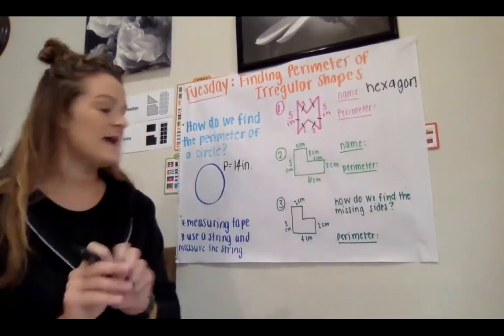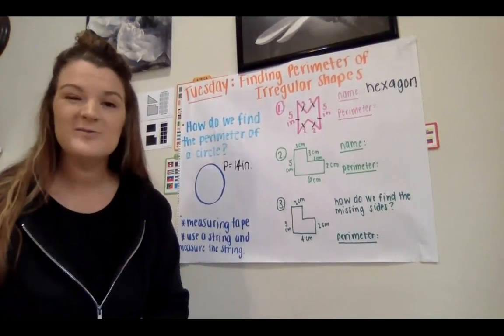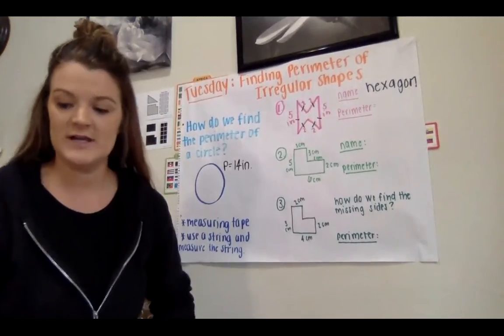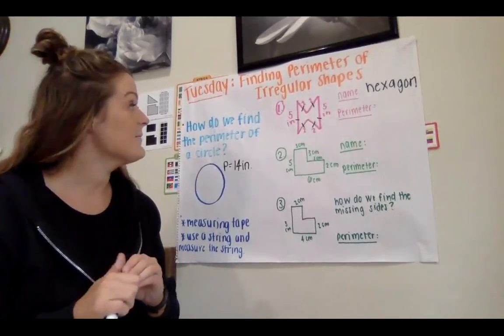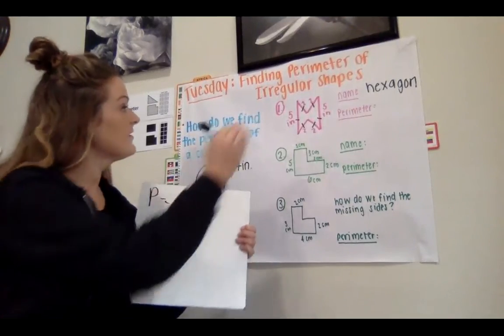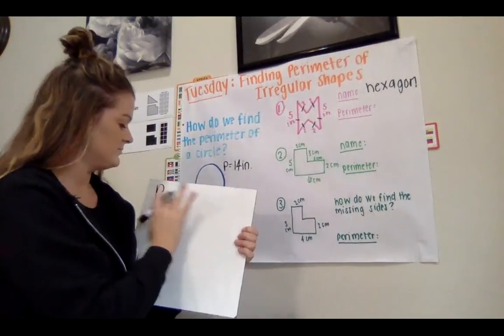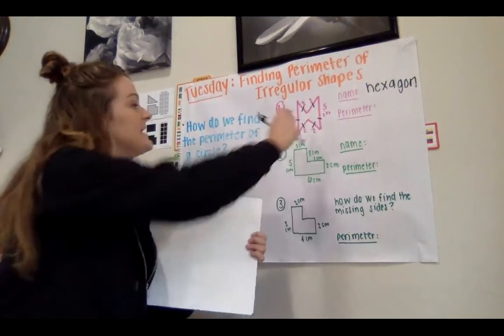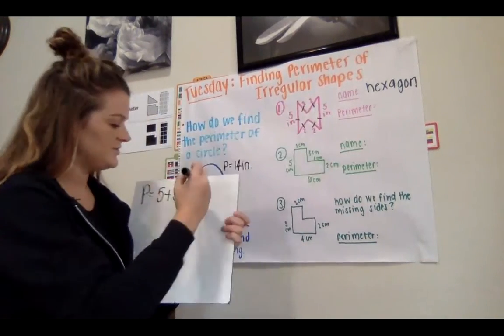Now, we want to go ahead and find the perimeter. I wouldn't worry at home about taking the time to try and draw this shape because it is a little bit tricky to draw. But what I am going to do is go ahead and write my equation for the perimeter. So I see 2 5s, so I'm going to write 5 plus 5. And then I see 1, 2, 3, 4 2s.